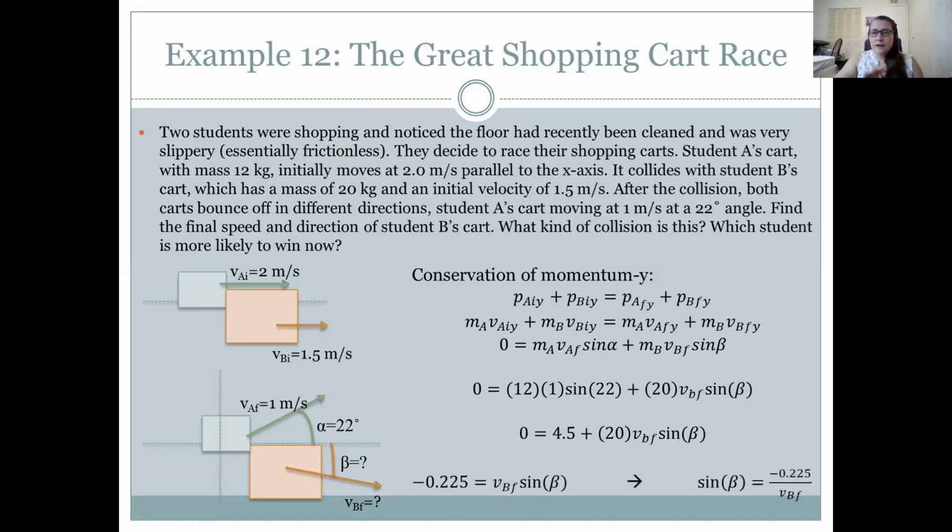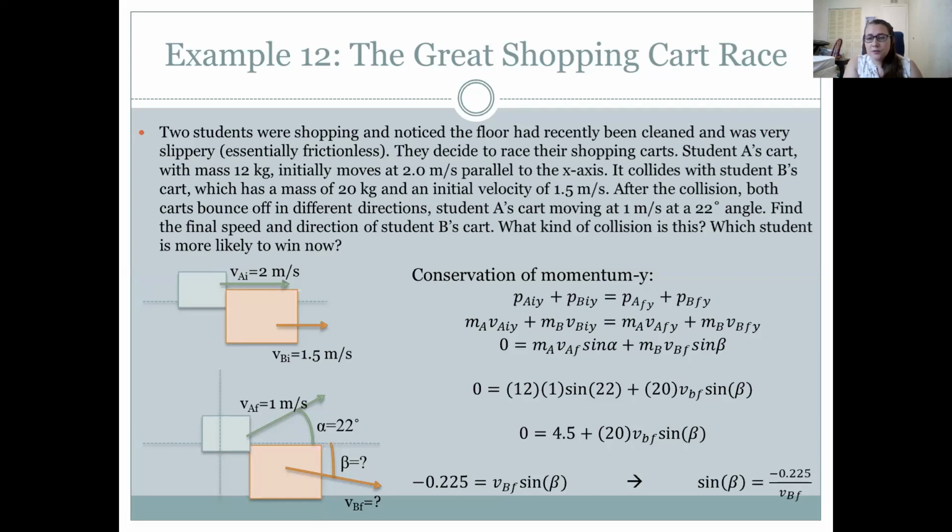And then once we simplify that as far as it can possibly go, just like we did on the last slide, we get negative 0.225 equals VBF sine of beta. And once again, I'm going to rearrange this equation to solve for sine of beta, which would be negative 0.225 divided by the velocity.